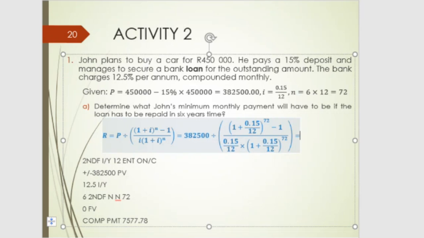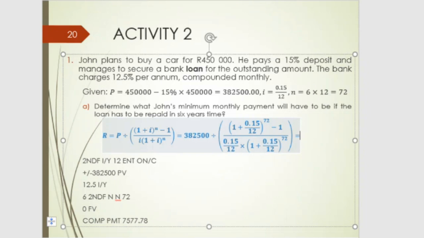Another open bracket is 1 plus another fraction 0.15 divided by 12, close brackets, then to the power of 72. Then I drop it down, minus 1.